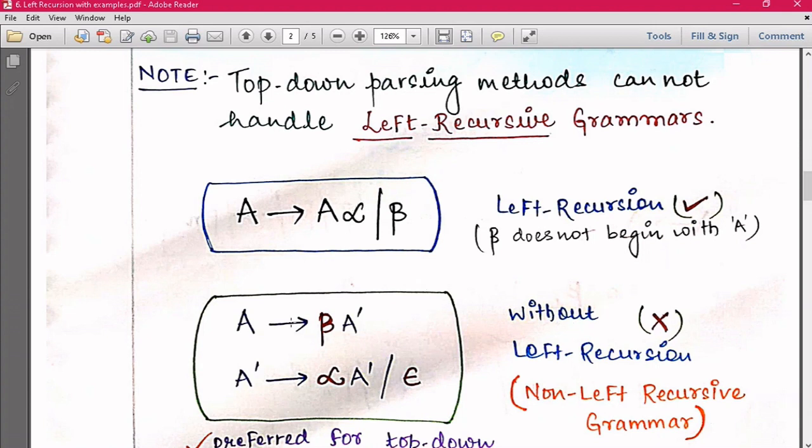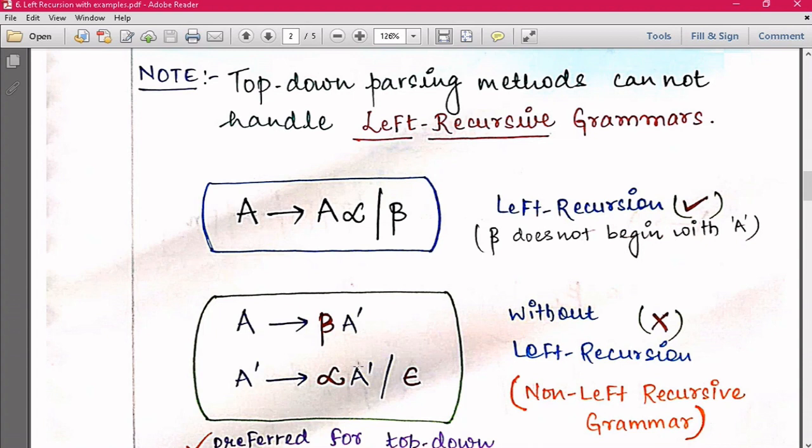So here you can see a given grammar which is without left recursion. It is also called a non-left recursive grammar because it does not have left recursion. If you are given any production, you will first try to identify these three components, alpha, beta, and the variable, and then you will apply this rule: A will produce the production which is not having left recursion, that is beta, and you are going to introduce a new symbol.